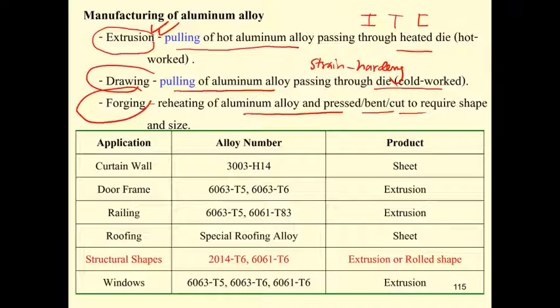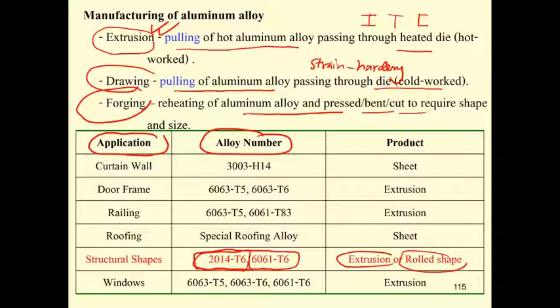The table will show you the types of aluminum alloy used in many applications. What we usually use are these two aluminum alloys, and you can see many textbooks mention these two types. They are mostly produced by extrusion to be structural shapes, and then used in the main structure.